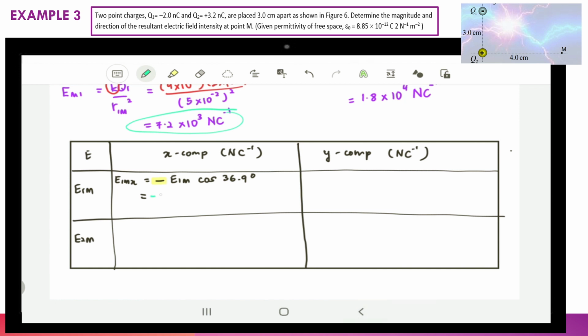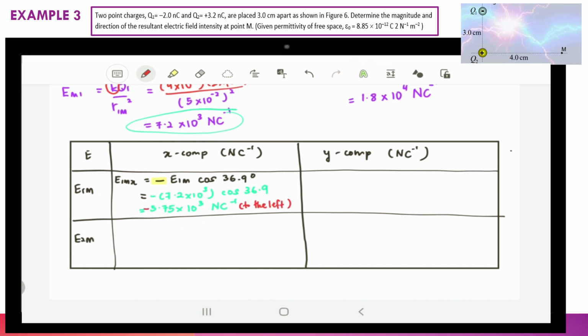So negative 7.2 exponent 3 cos 36.9, and it's equal to 5.75 times 10 power of 3 Newton per Coulomb. And the direction is to the left, so this is negative, so it's to the left.